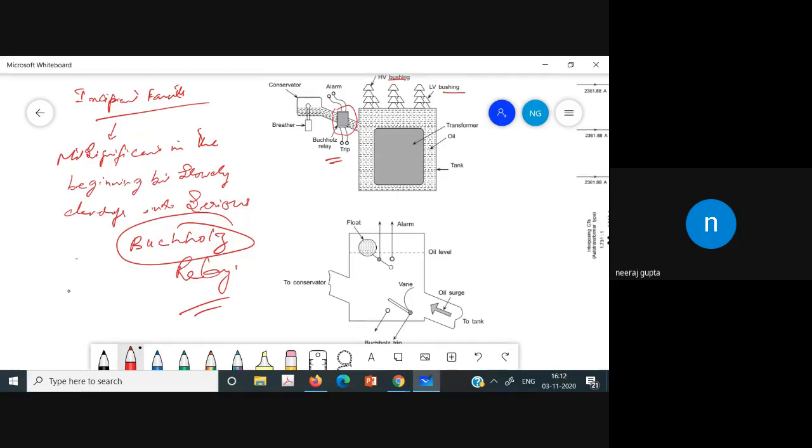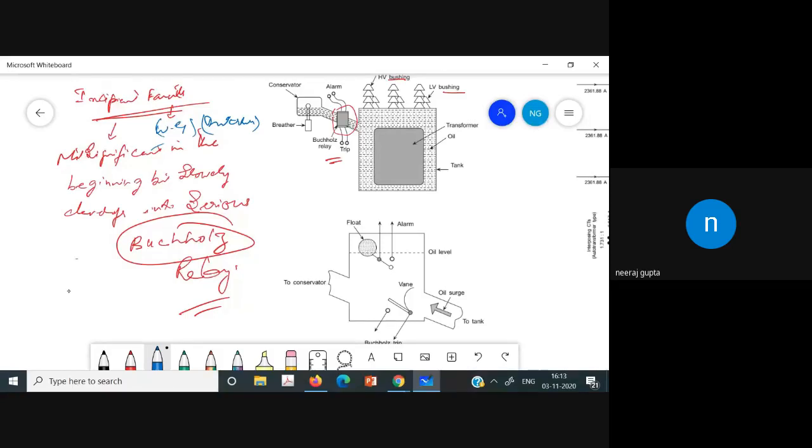This is where it is used, and this is the conceptual diagram of this relay. Now, let us suppose that an incipient fault occurs, which can be a winding to core fault or an interturn fault in the transformer.